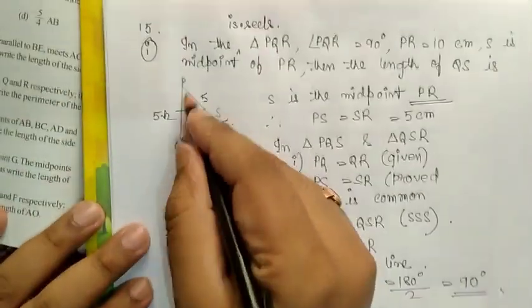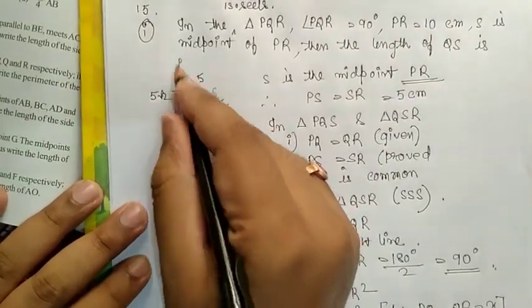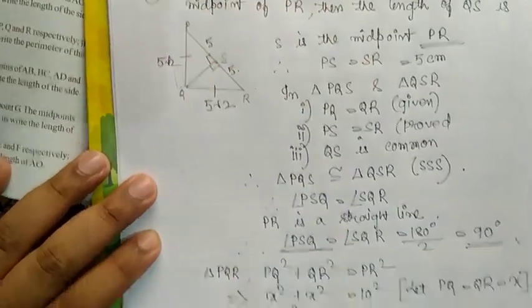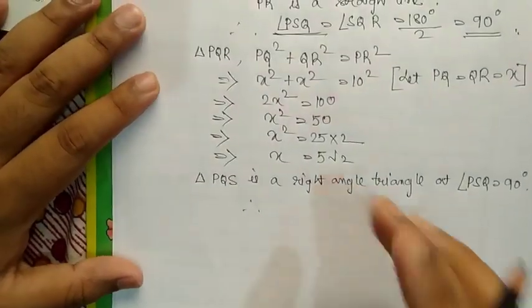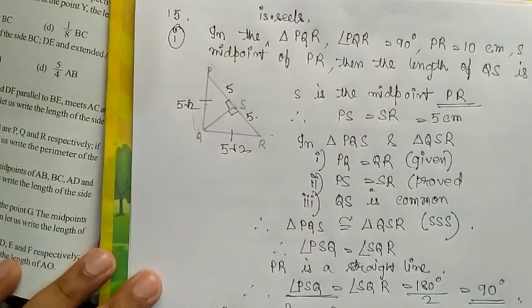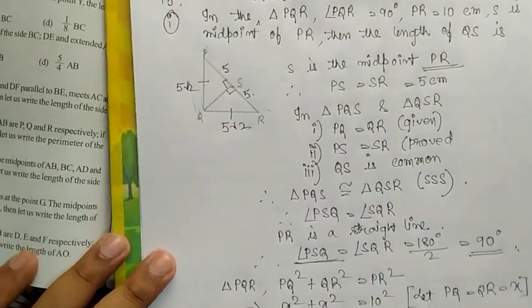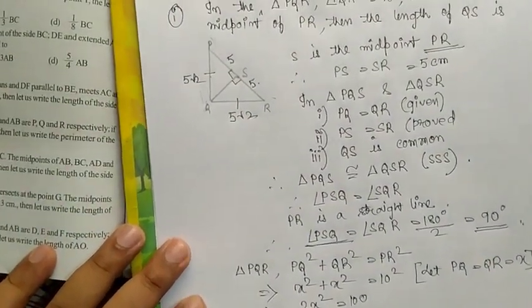So therefore PQ is the hypotenuse here. From the Pythagoras theorem we can write PS square plus SQ square, height square plus base square, equals hypotenuse square, meaning PQ square.